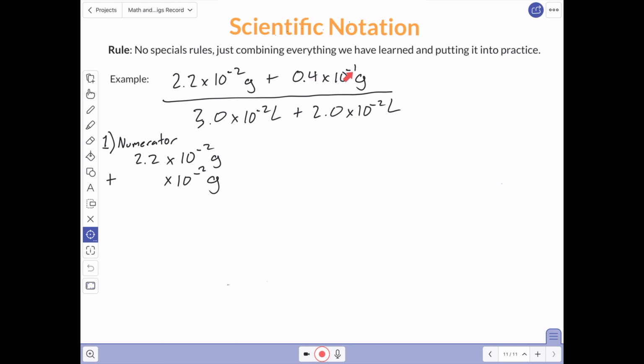In order to make negative 1 negative 2, that would be making a reduction in value, meaning this decimal point needs to move to the right. So that means we'll be dealing with 0.4.